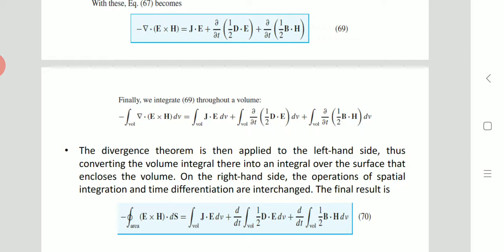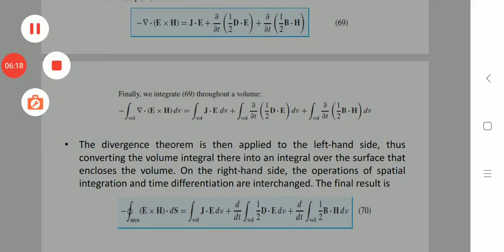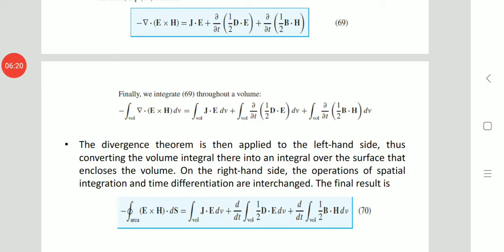So thus the final result is integration over a closed surface area E cross H dot ds is equal to integration over volume J dot E dV plus d by dt integration over volume half of D dot E dV plus d by dt integration over volume half of B dot H dV. So this is the final result, and this is the equation number 70.